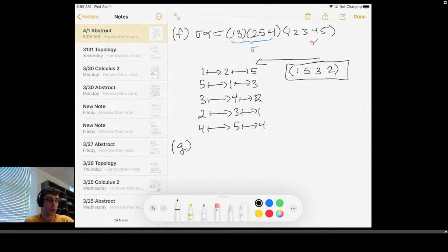So the next one, we have alpha and sigma up here. There are two ways you can do this. So how do we get alpha inverse sigma inverse? There's a long way and there's a not so long way. We talked a little bit about how to get inverses last time.